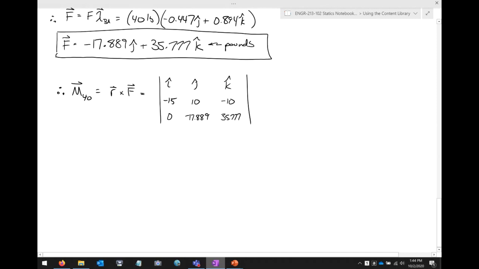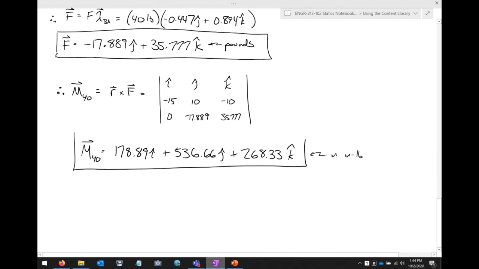When it's all said and done, you're going to end up getting 178.89i plus 536.66j plus 268.33k. We can go through that if you would like. I'm happy to do that.